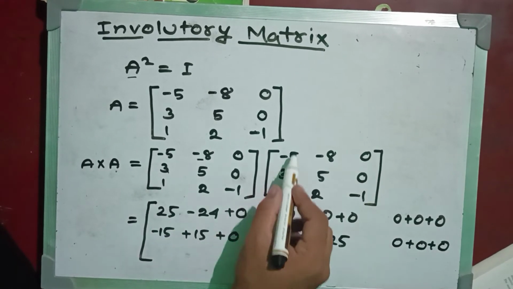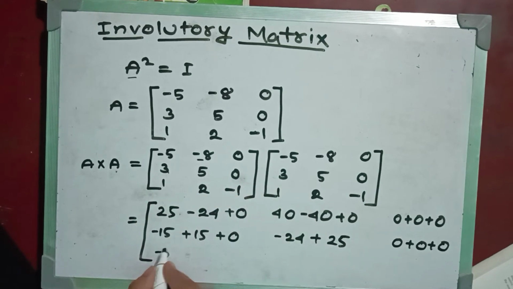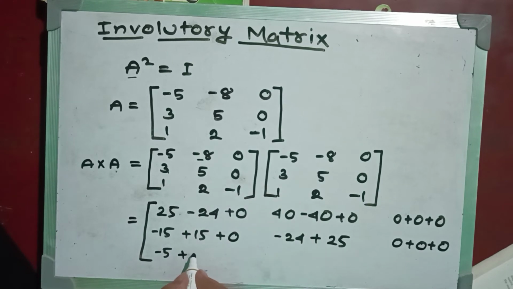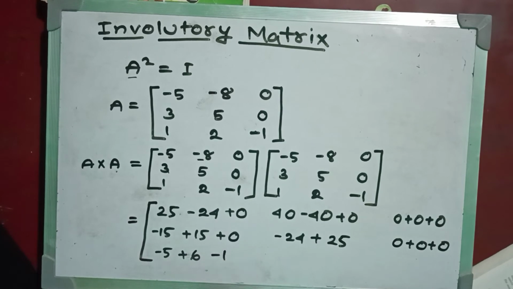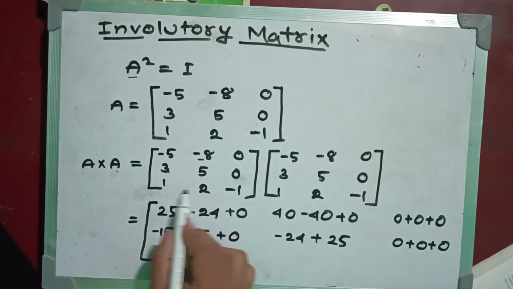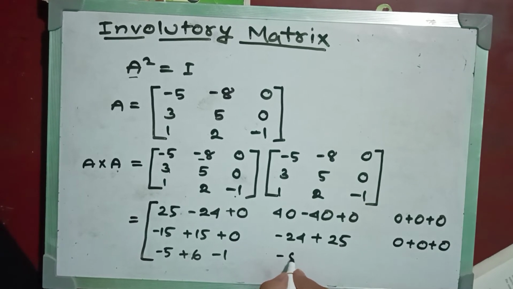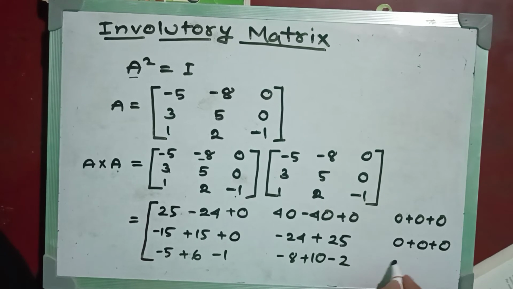Now third row multiplied by first column, so 1 cross minus 5, so it's minus 5. Now 2 cross 3 means plus 6. Now minus 1 cross 1, that means minus 1. Now third row multiplied by second column, so it will be minus 8 plus 10 minus 2. Now third row multiplied by last column, so it's 0 plus 0 plus 1.